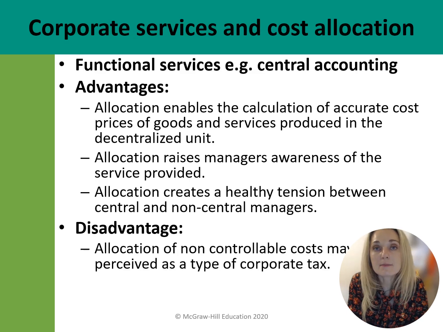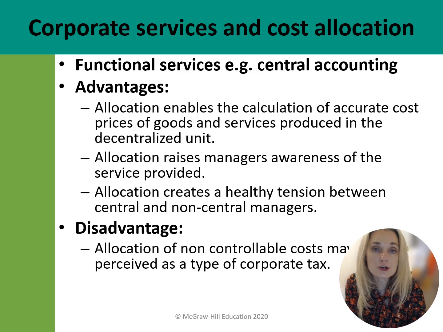Now let's look at corporate services or shared services and how those costs can be allocated to various profit centers. Functional services include central accounting, IT, and human resources. These are support functions that assist the organization as a whole. The advantage of allocating these costs is that it enables accurate calculation of the prices of goods and services produced by decentralized units.